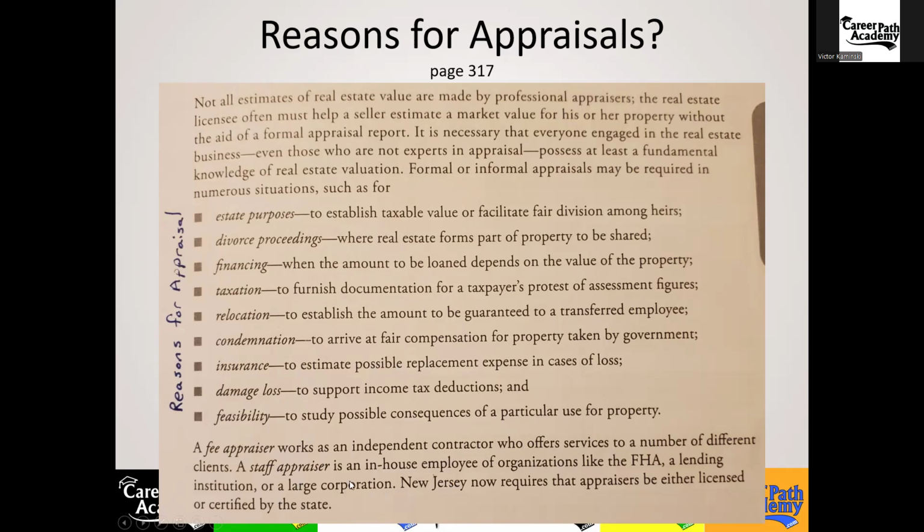A staff appraiser is an in-house employee of organizations like the FHA or lending institutions or a large corporation. New Jersey now requires that appraisers be either licensed or certified by the state, and has for quite some time.